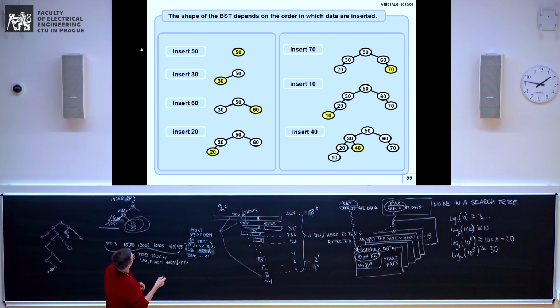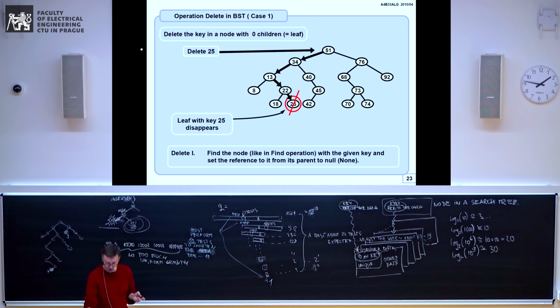You've got elements 10, 20, 30, 40, 50, 60, 70. Seven elements which you insert into an originally empty tree in this particular order, and the result is a search tree which looks like this.